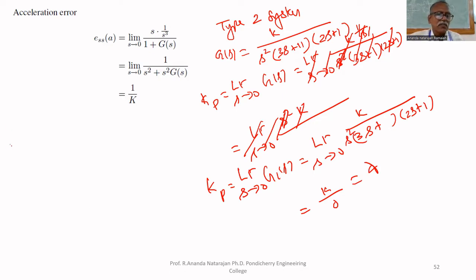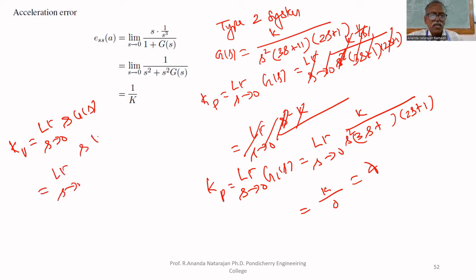Kv equals limit s tends to 0 of s G(s), that is s K upon s square (3s plus 1) multiplied by (2s plus 1).